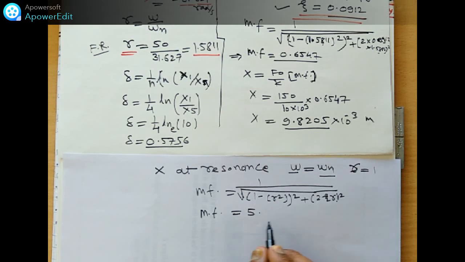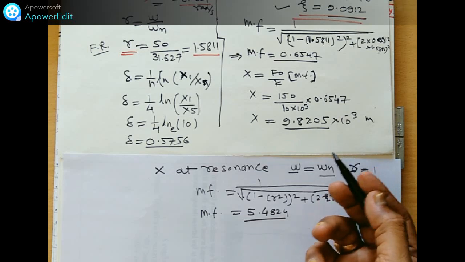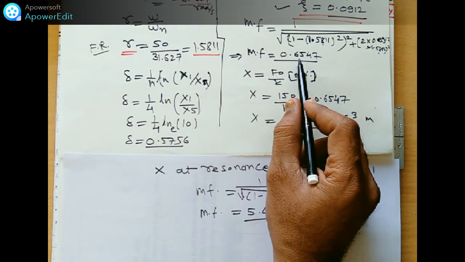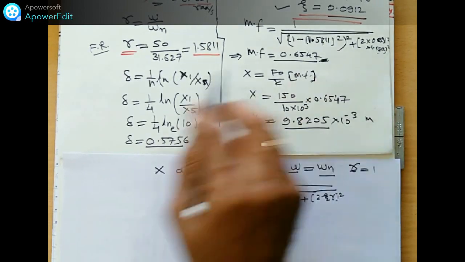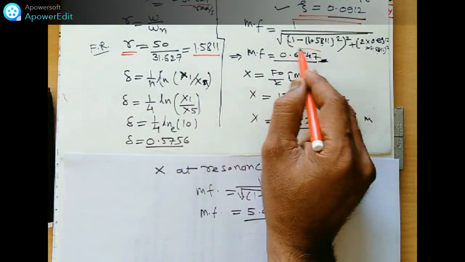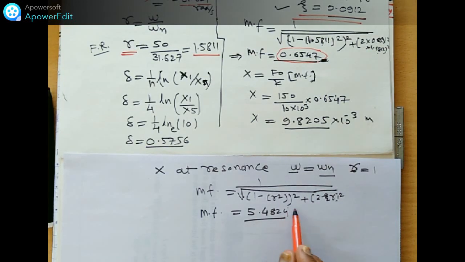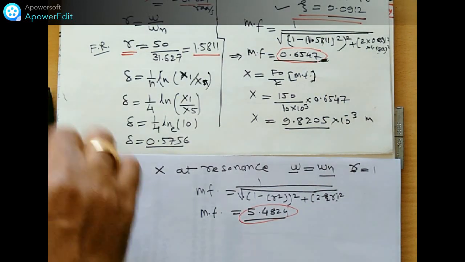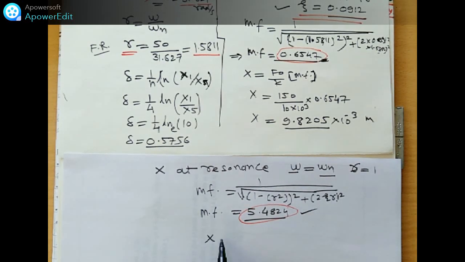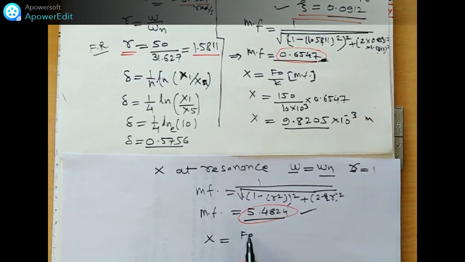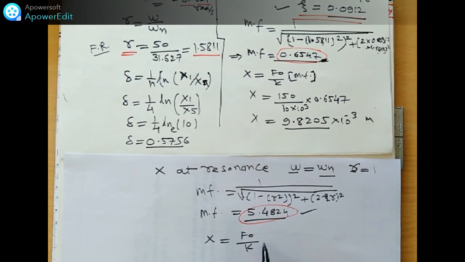See here, 5.4824. Previously the magnification factor was very small; in this case it is very large as compared to the earlier one. This value is higher than before, the highest value of MF at resonance. So what is the amplitude in this case? F0 by K into MF.